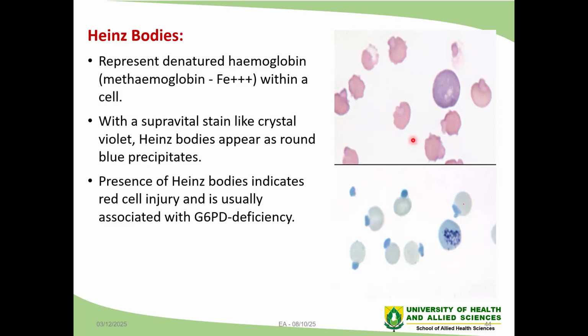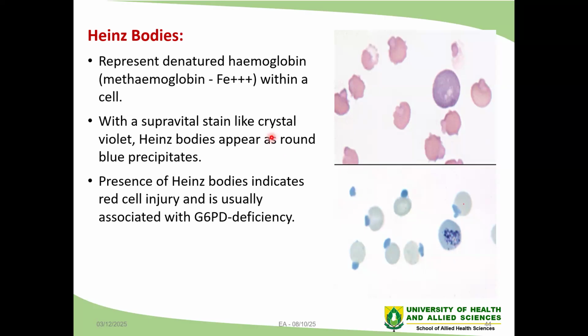For the Leishman stain slide, once we fix the cells with methanol, we totally kill the cells. But for the supravital staining, we stain the red cells when they are still alive. So we actually incubate them at 37 degrees Celsius before we are able to stain for the presence of the Heinz bodies.